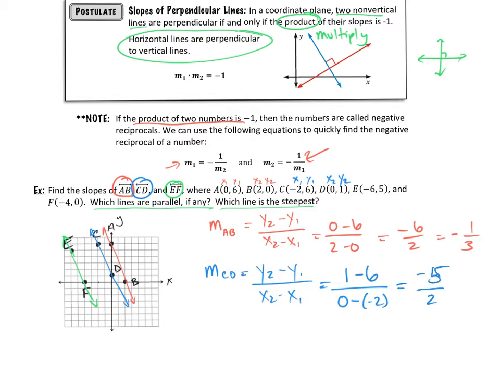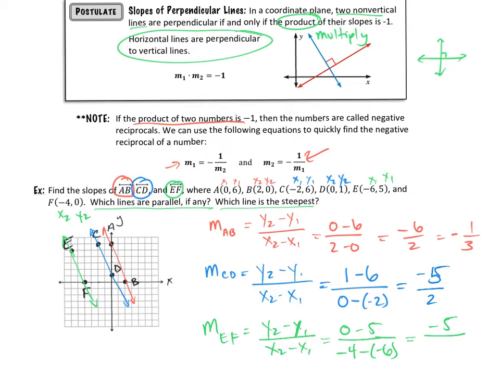And for my third line, EF, the slope is y2 minus y1 over x2 minus x1, which is 0 minus 5 divided by negative 4 minus negative 6. So that is negative 5 on top, and then negative 4 minus a negative is plus 6, so negative 4 plus 6 is a positive 2. The slope is negative 5 halves.